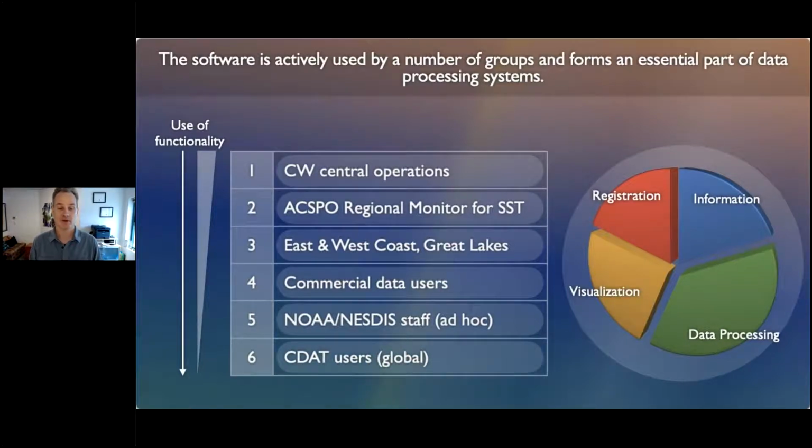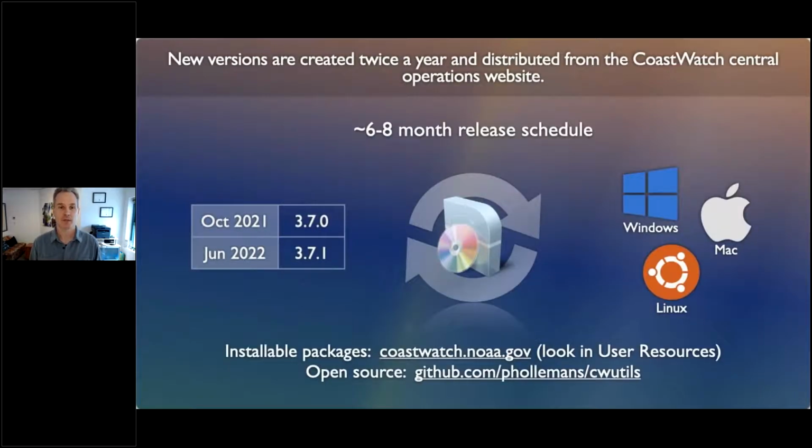And finally, we have CoastWatch data analysis users around the globe that use it for viewing CoastWatch products directly. So what this means is that users rely on the software, CoastWatch data users, and we have to create periodically new versions to address bugs, handle new formats, handle different types of metadata, and so on.